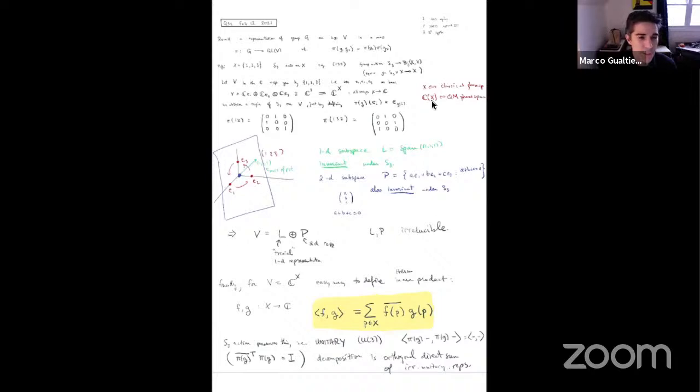But to define a representation of a group just means that you convert every group element into a linear operator on a vector space, and that those linear operators should compose according to the way that the group composes. It's a homomorphism into the general linear group of the vector space. That general linear group is just all isomorphisms from the vector space to itself. It's not necessarily a matrix group. It's only a matrix group depending on a basis.